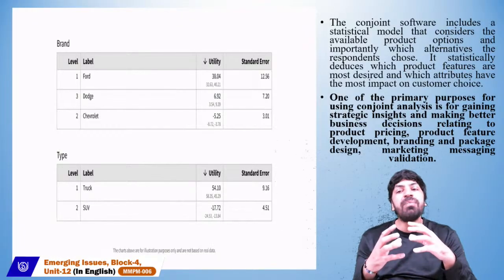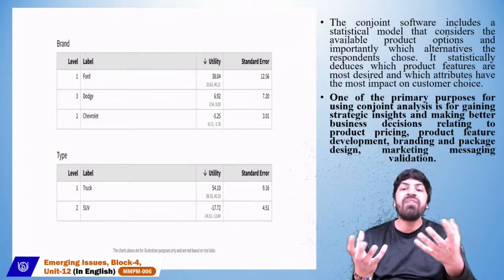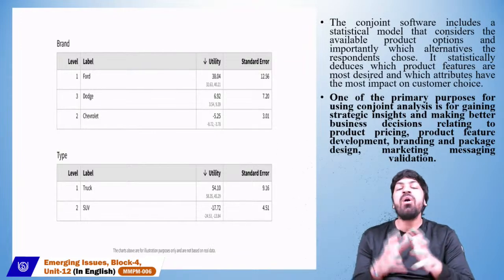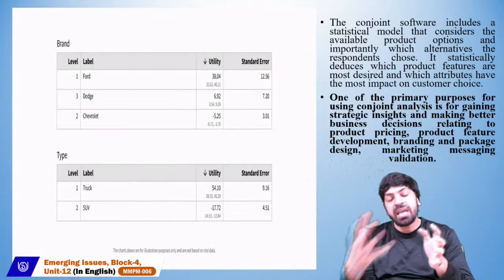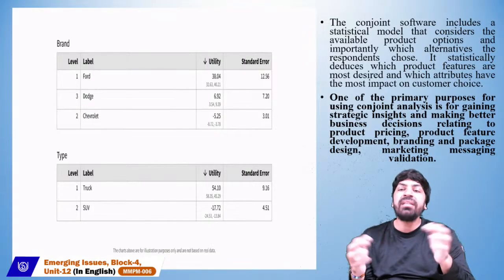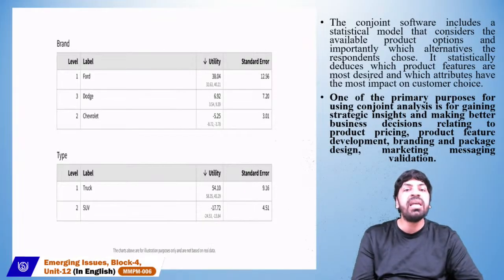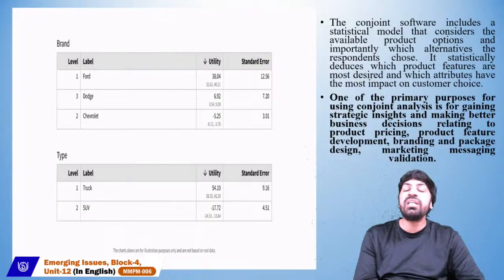The main purpose is to identify that all business decisions are to be taken on these parameters, on these attributes, and that's why the statistical software results have come up with utility. As you can look up, the utility has decreased from the first level to the next levels.